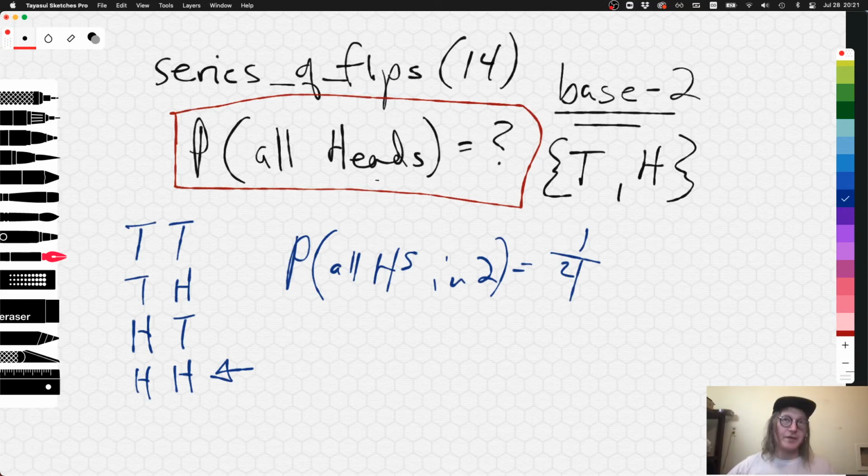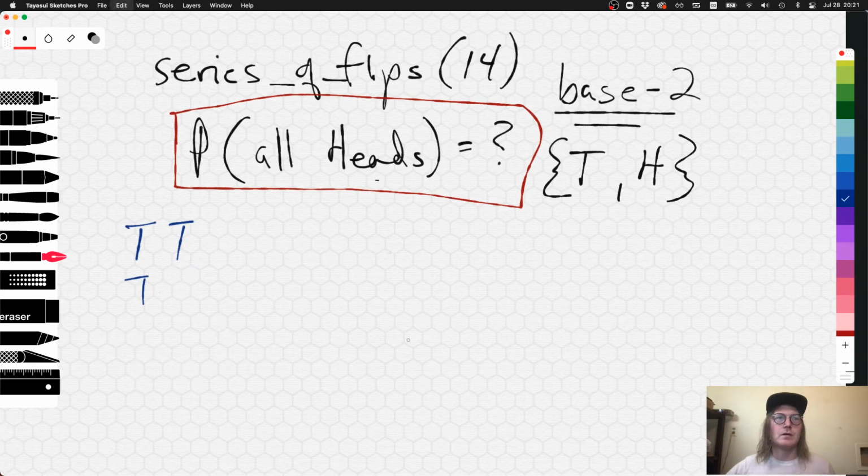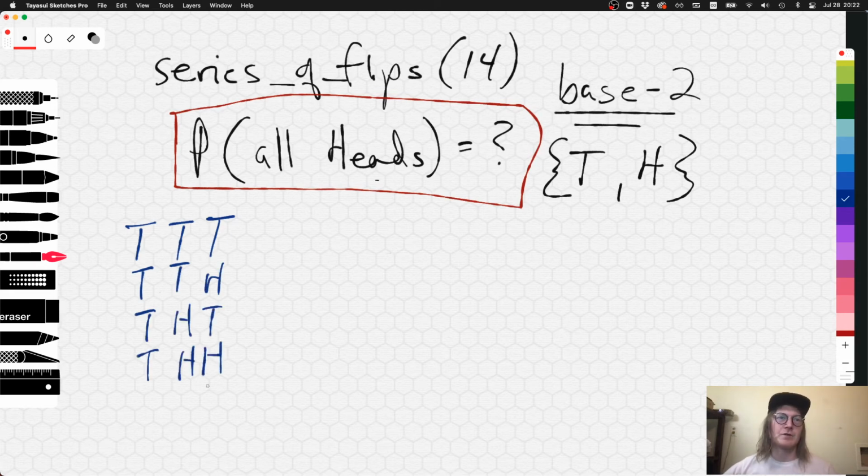So let's think about this in 3 flips. All heads in 3 flips. What does that look like? So I'll start there. Let's write down all of our possible ways of getting this. Tails, tails, tails. Tails, tails, heads. Tails, heads, tails. Tails, heads, heads. I'm just counting, if you notice. And then we can go heads, tails, tails. Heads, tails, heads.